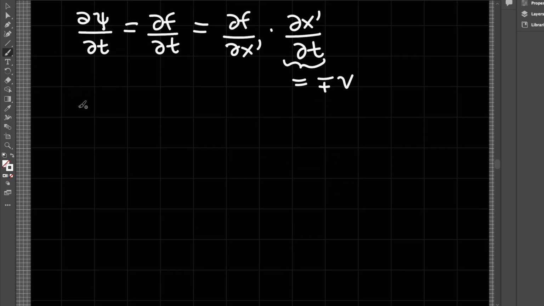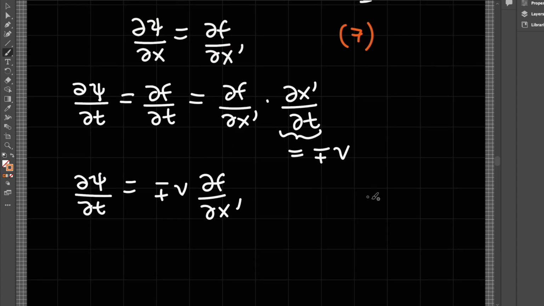Hence, partial of psi divided by partial of t is equal to negative positive v times partial of f over partial of x prime. Let's label this equation as equation 8.